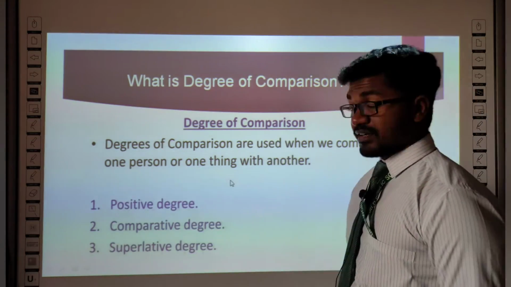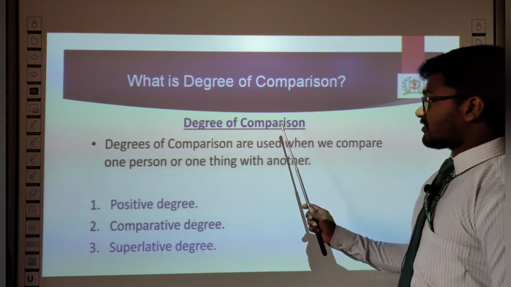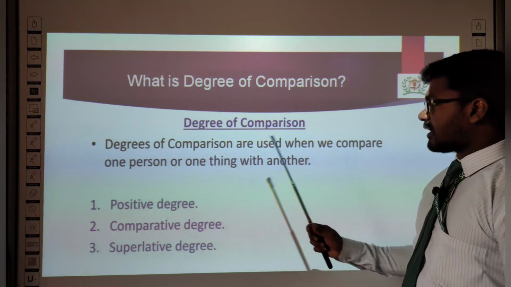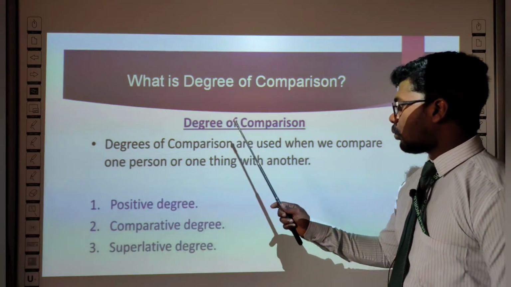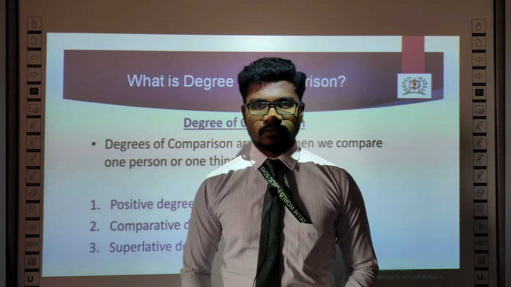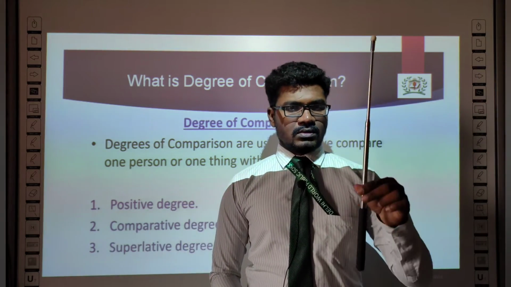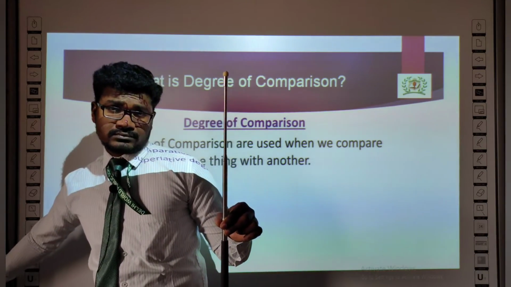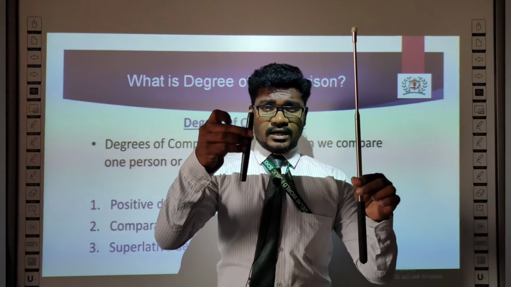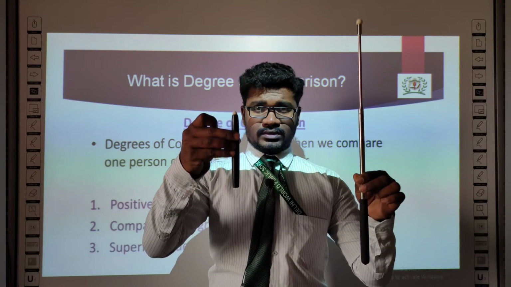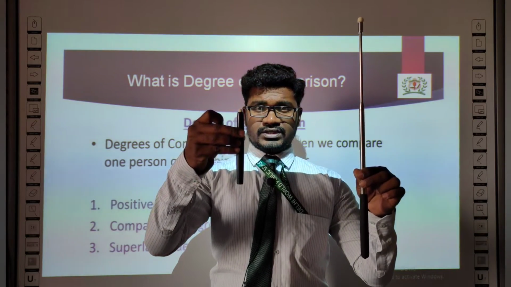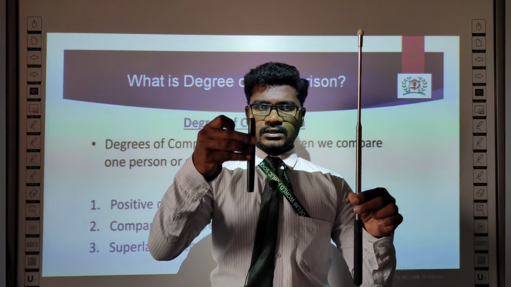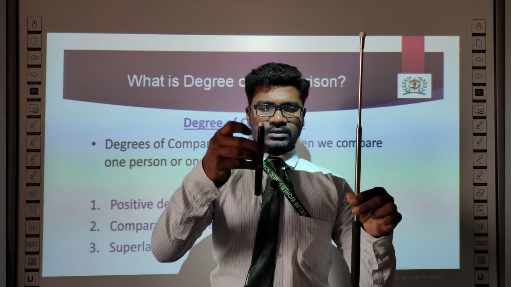What is degree of comparison? Degrees of comparison are used when we compare one person or one thing with another. If you take one stick, we are comparing it with another stick. Now tell me, which is the longest one, which is the lengthiest one?